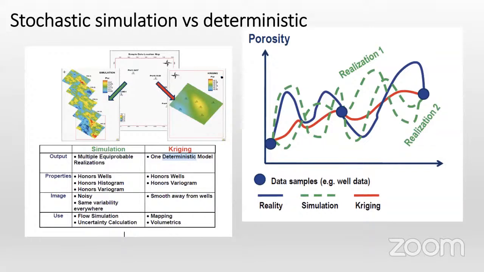Right now, I want to mention that we have two types of simulation: one is stochastic, and one is deterministic. If we have an oil field with many wells and a lot of data, we have very high information about this field, so we can use the deterministic model.